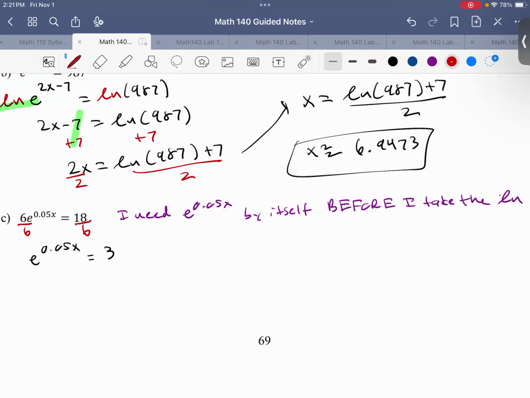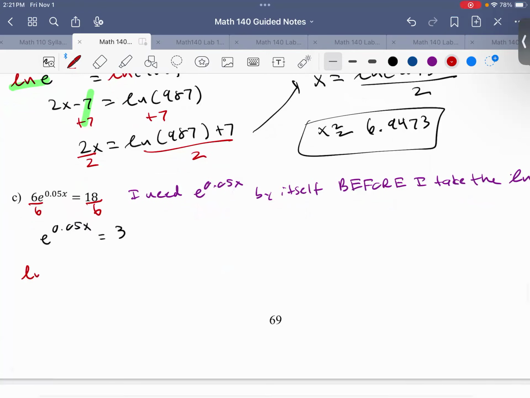Okay. And now I can take the natural log of both sides. So natural log e to the 0.05x equals natural log of 3. That cancels out. I'm left with 0.05x equals natural log of 3.